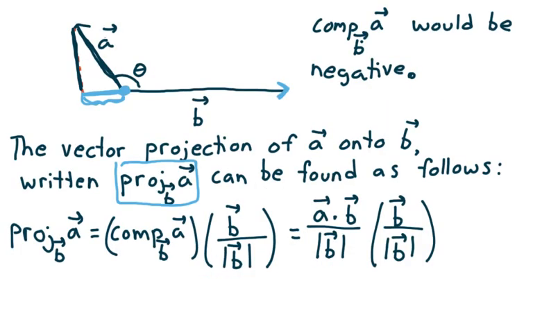And so I calculate it this way. I take the scalar projection of A onto B, and I'm going to take a scalar multiple of a unit vector.